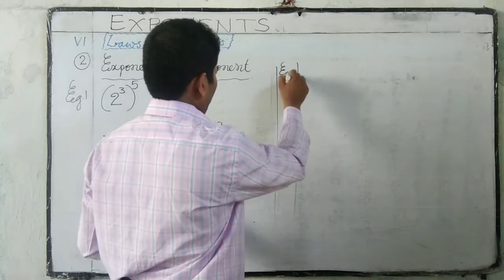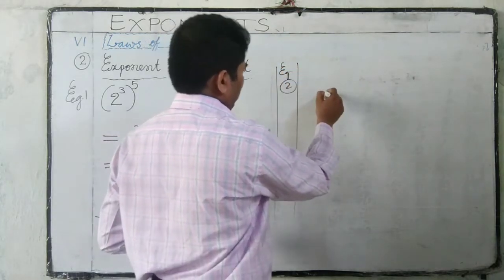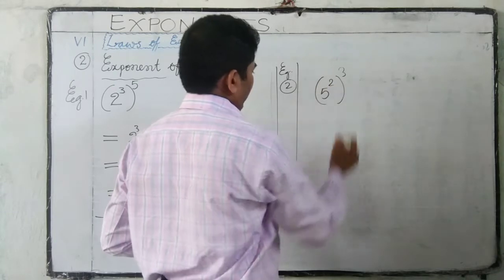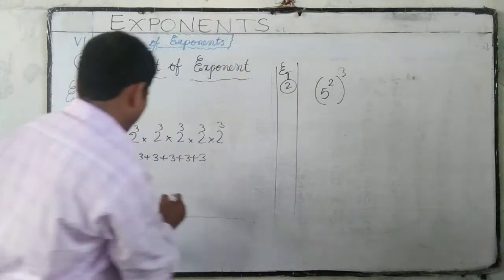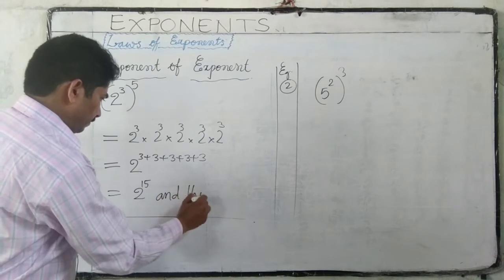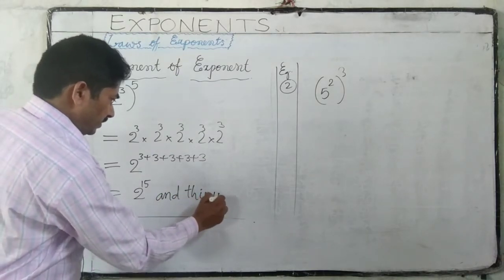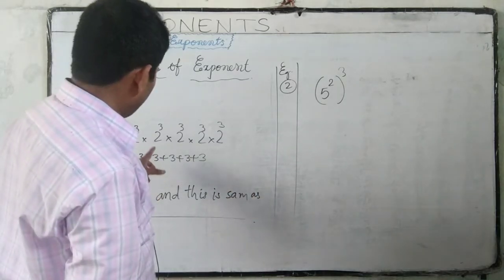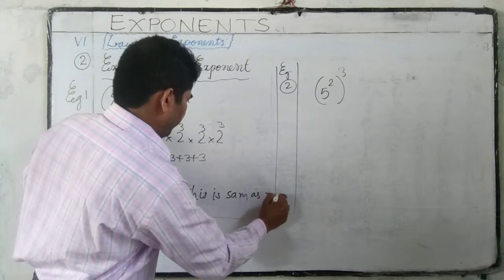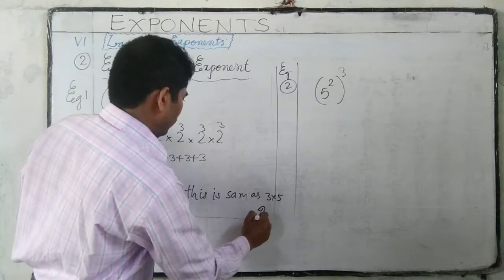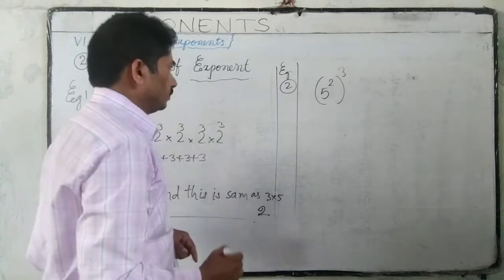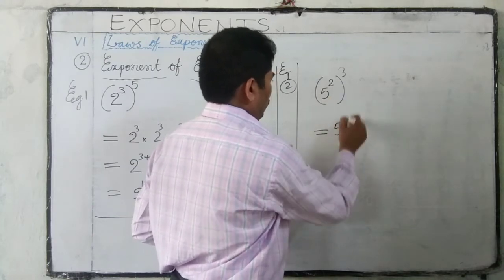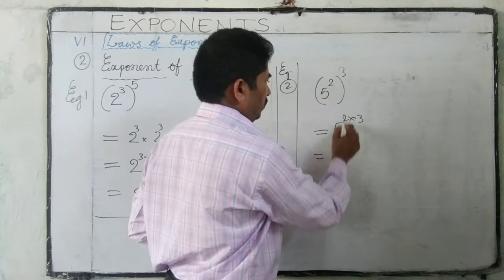Example 2. 5 to the power of 2 whole to the power of 3. This is the same as 3 5s are 2 to the power of 3 5s are... So we can write like this: 5 to the power of 2, 3 times, is 5 to the power of 6.